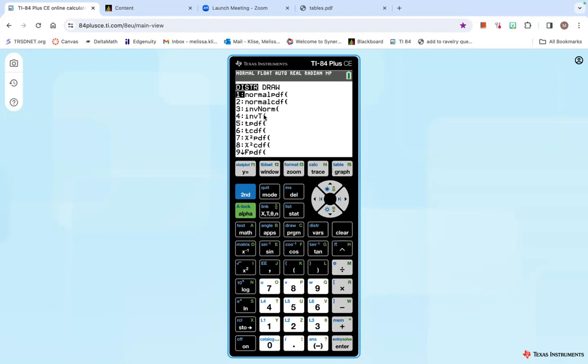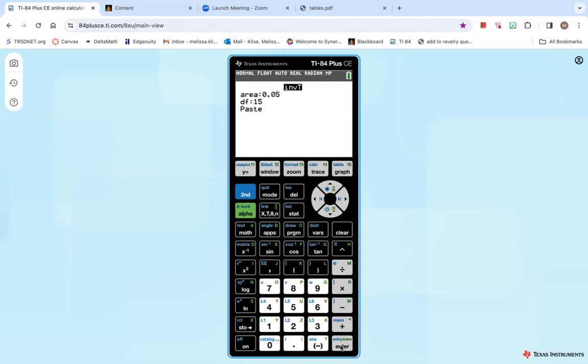This inverse t right here, if you have an alpha and a degrees of freedom, it will give you your t value. So inverse t, right there, and it asks for your area and degrees of freedom. So my alpha is 0.05. My degrees of freedom were 15. And I'm going to hit enter.